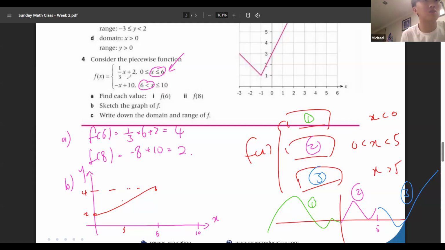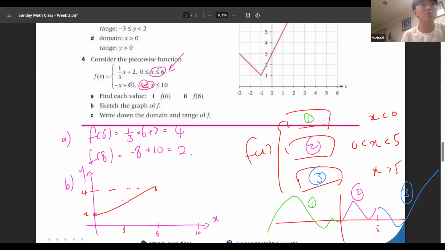Since it's a straight line, we don't necessarily need the y-intercept. We just need 2 points to make a straight line, right? We already know 8 and 2. And remember, we kind of verified it at 6 and 4, right?